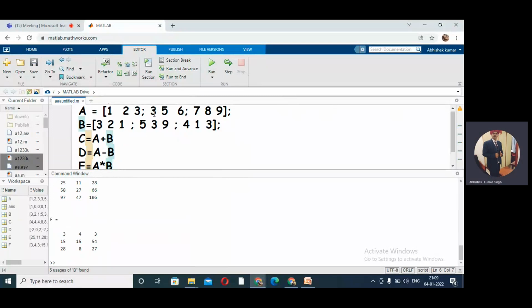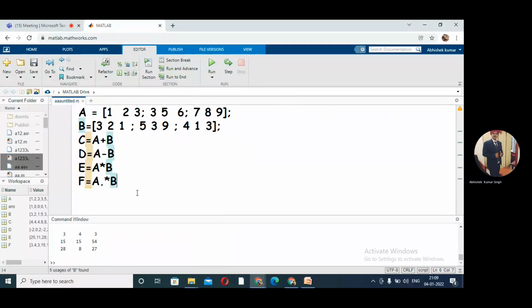Next row, you see, I'm multiplying element wise in each row. This is the first element, this is the first element: 1 into 3, 2 into 2, 3 into 1. Second row, 3 into 5, 5 into 3, 6 into 9, fifty-four. Okay, so this is called element wise multiplication. A dot star B will be element wise multiplication.